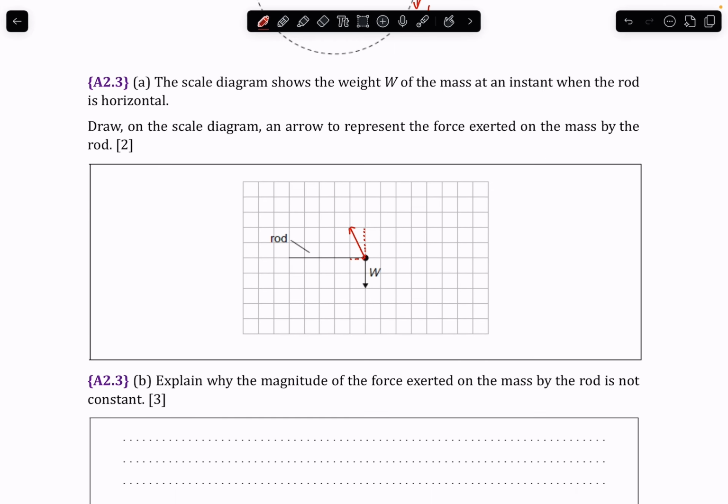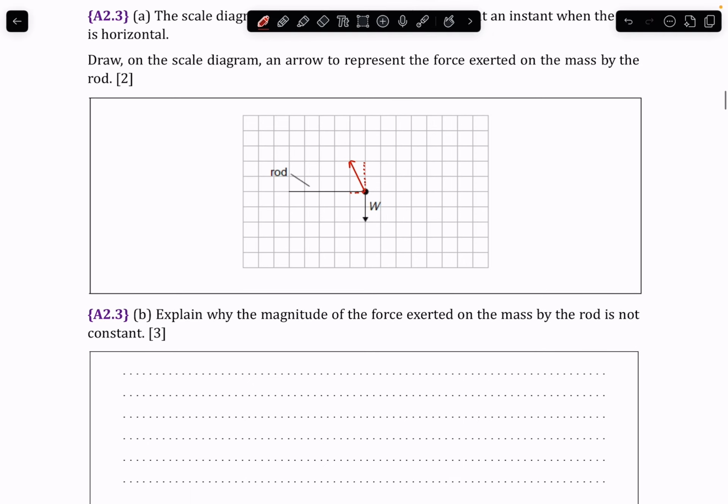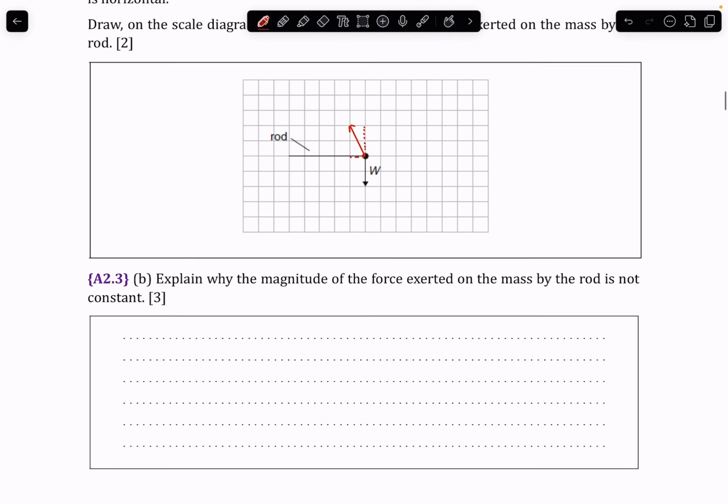Explain why the magnitude of the force exerted on the mass by the rod is not constant. So the first thing that we'll write here is net force, let's say centripetal force. So the magnitude of the net force, the centripetal force, is always constant, right?